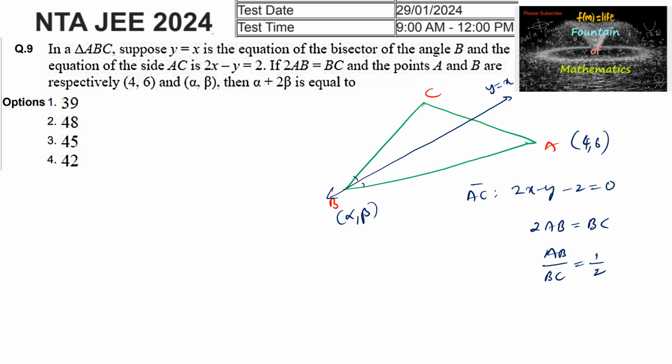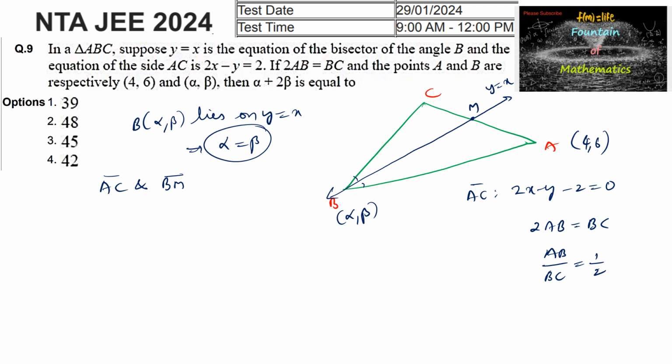Since the line y is equal to x is the bisector, point B (alpha, beta) lies on the line y is equal to x, which implies that alpha is equal to beta. This is the one condition. And the next one, let us consider the point of intersection of AC and y is equal to x as M, on BM.